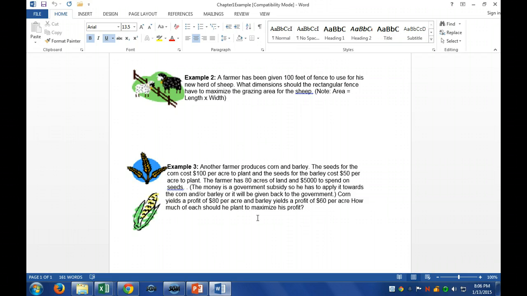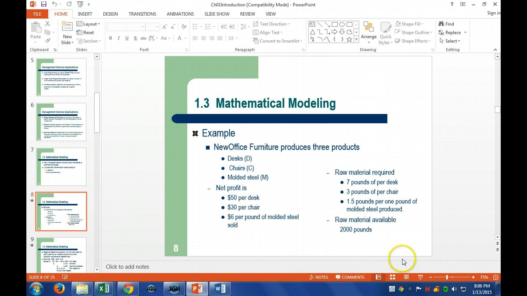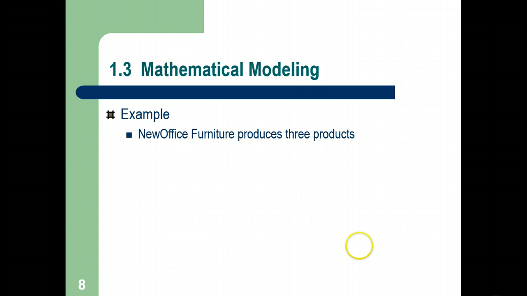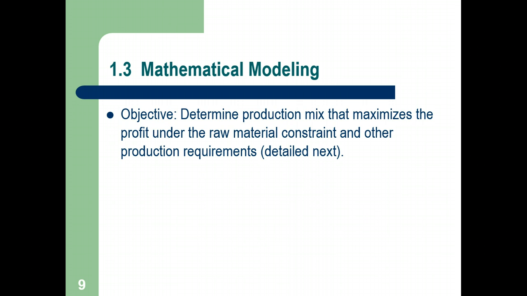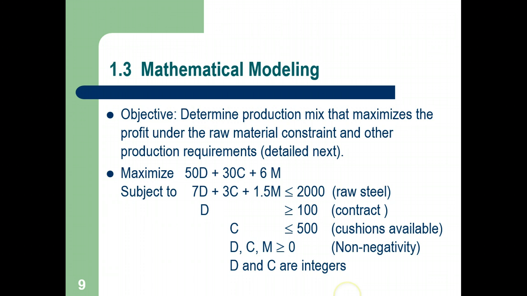But before we solve it, let's go back to my new office furniture. You guys recall new office furniture? Let's go back to new office furniture, and instead of going straight from the English, let's go straight to the math.